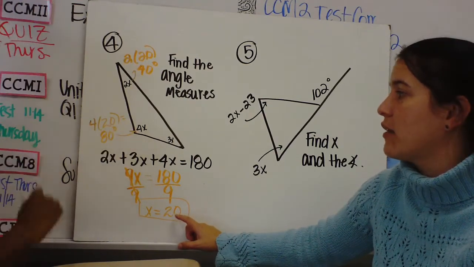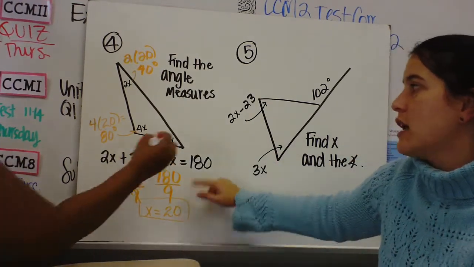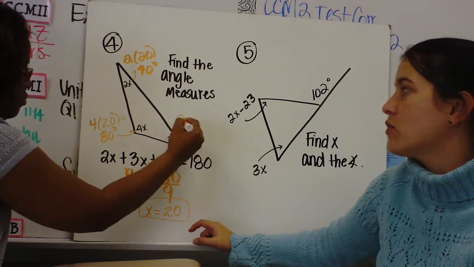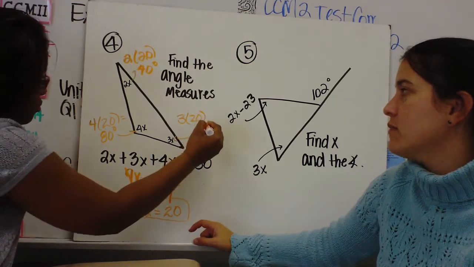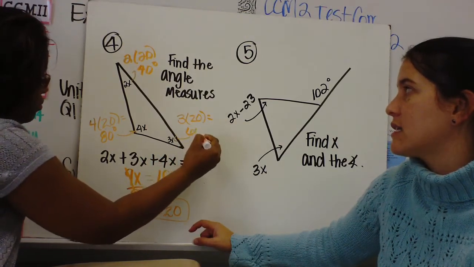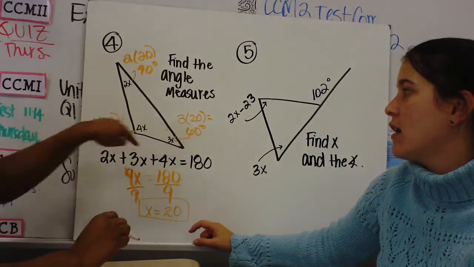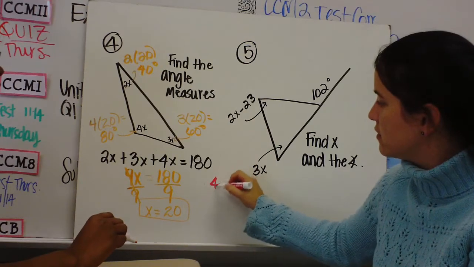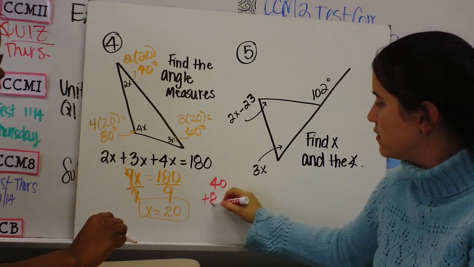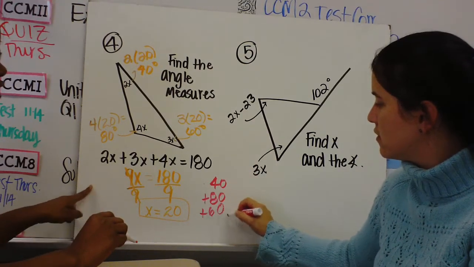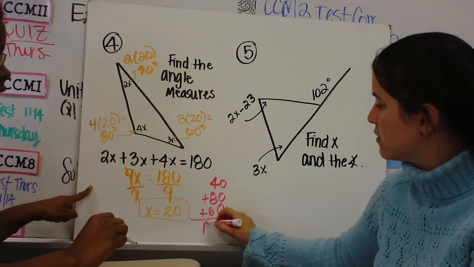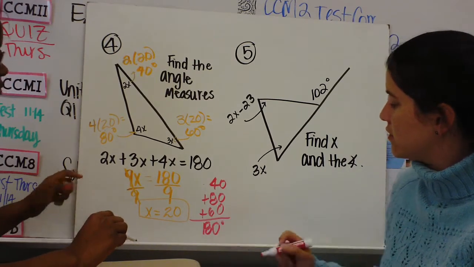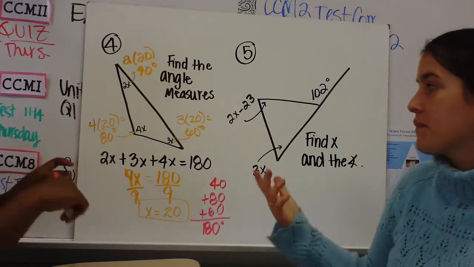So our second angle measurement is 80 degrees. And our third one is going to be 3 times 20, which gives us 60. Now when we check our work and add all three of our angles up, 40 plus 80 plus 60 should add up to equal 180 degrees. And that's what we want.